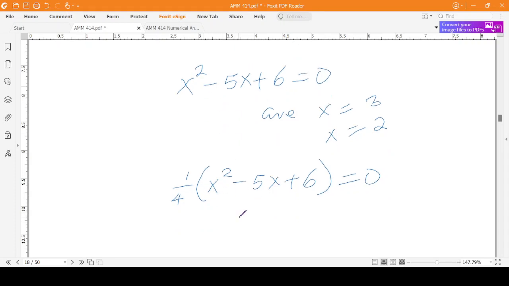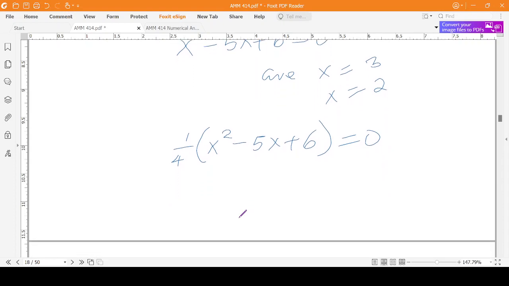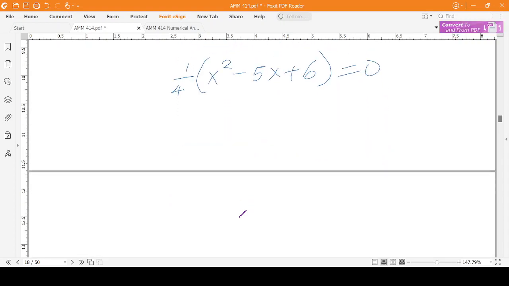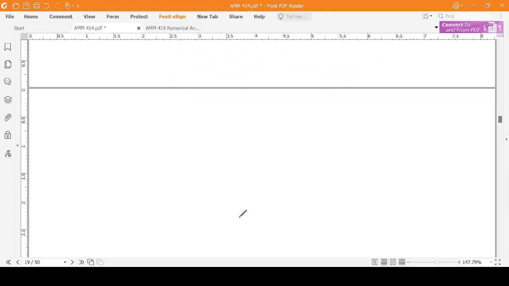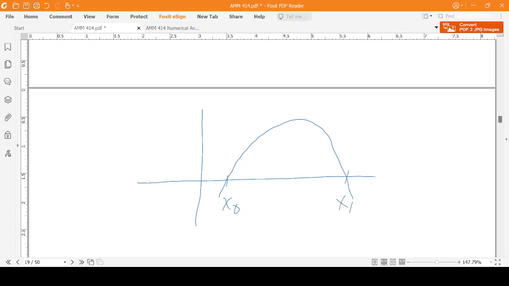The only thing that can happen is that the turning point might be affected. For example, where the curve looks like that, and you have the roots at this point here, which we can call x0 and x1. These are the roots. Then we have the turning point here.